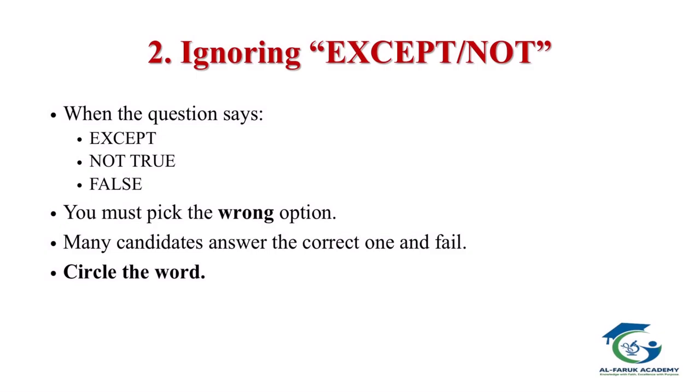So circle the word except. The word except makes the MCQs in the council exam divided into 2 types. At the end of this class, you are going to see different types of MCQs and how to approach those MCQs.